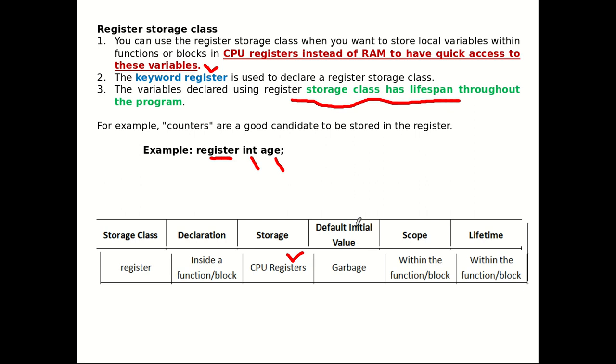The initial value of this storage class is a garbage value, and the scope is within the function or the block. So you can access this variable within the particular function and program block. The lifetime of this variable is within the function or block. So let us see the program demo, how this variable is declared.